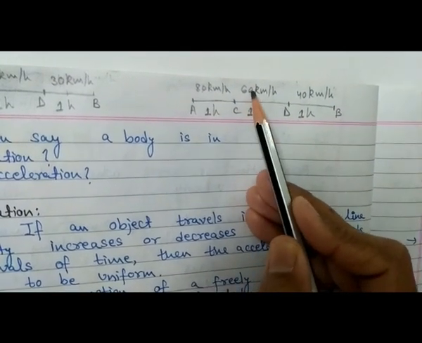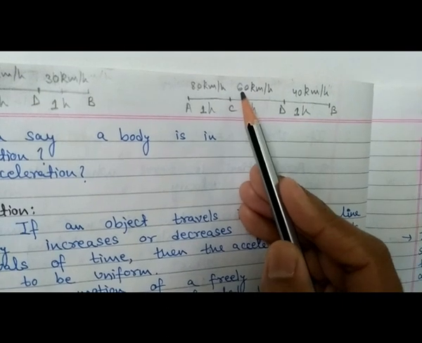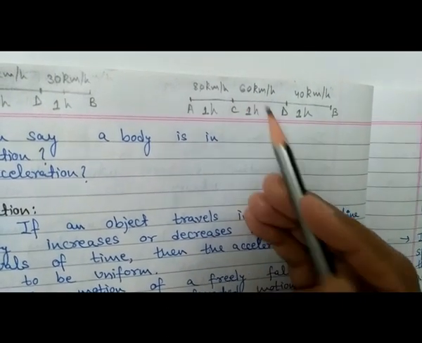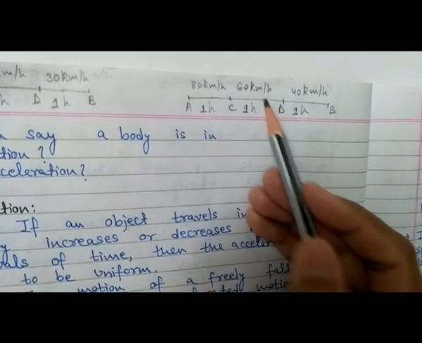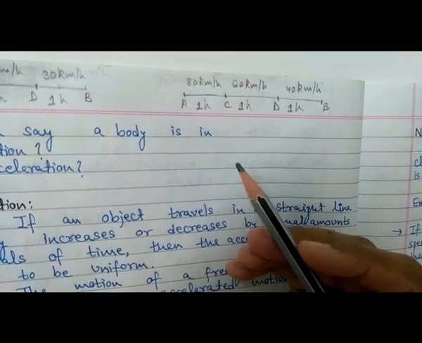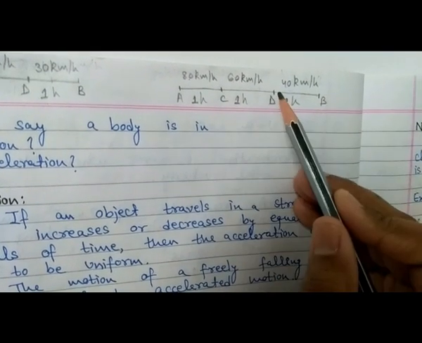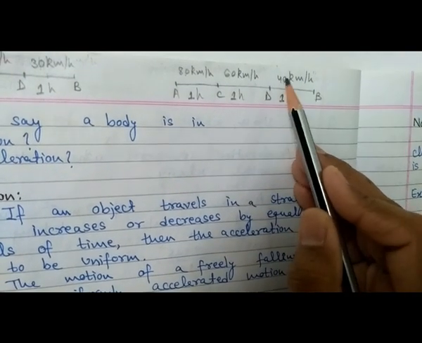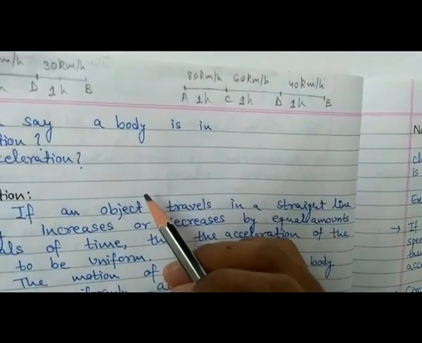Then the car has reduced its velocity, and while traveling from C to D, the car was having a velocity of 60 km per hour. Further, the car has reduced its velocity, and while traveling from D to B, the car was having a velocity of 40 km per hour.